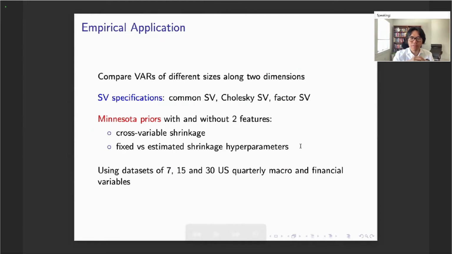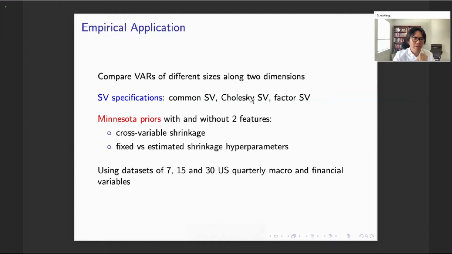So let me show you some empirical results. I am interested in two dimensions. One is, that's how I started the project, that I want to give people some tools to choose between these stochastic volatility models, or maybe get some general guidelines, like what sorts of features are important when you build models. So I would like to compare the three stochastic volatility models.